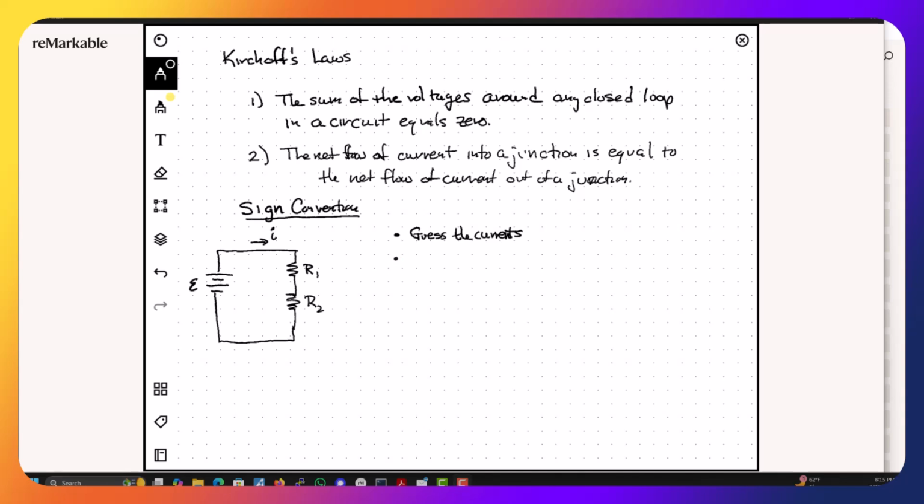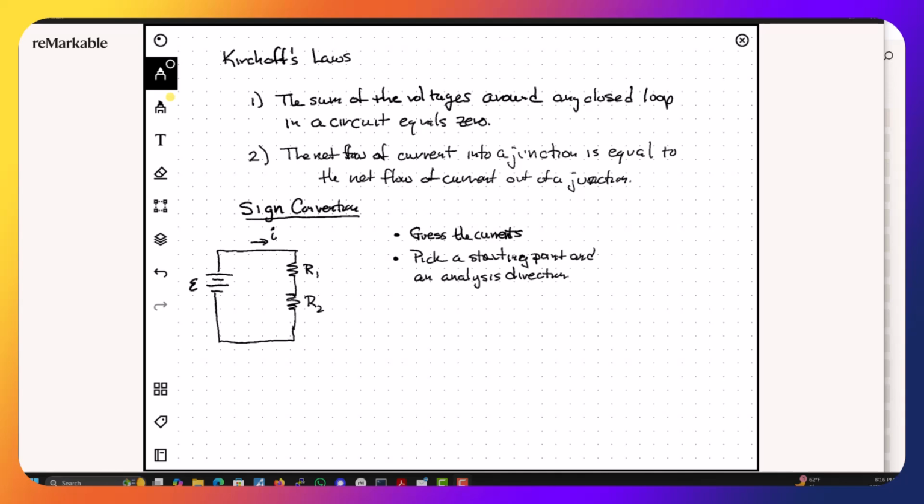The second thing we need to do is to pick a starting point and an analysis direction.